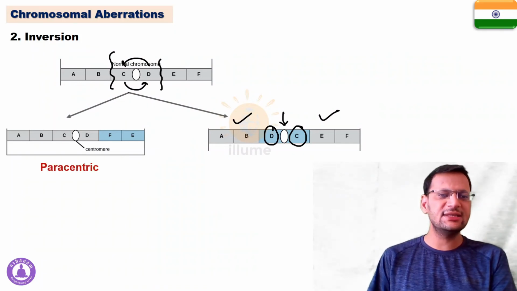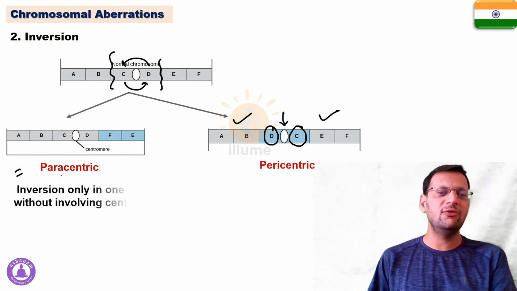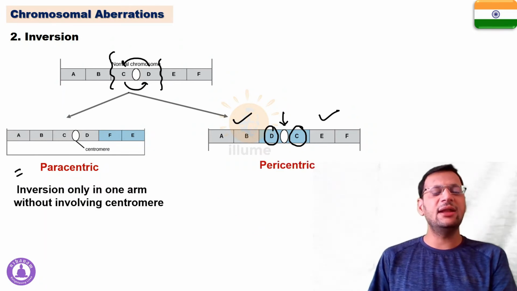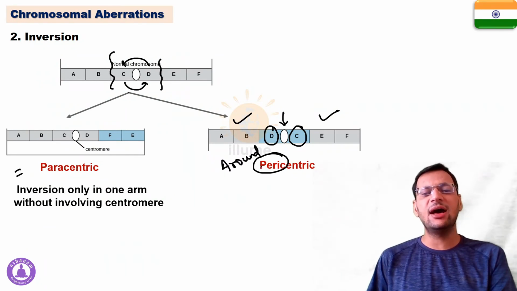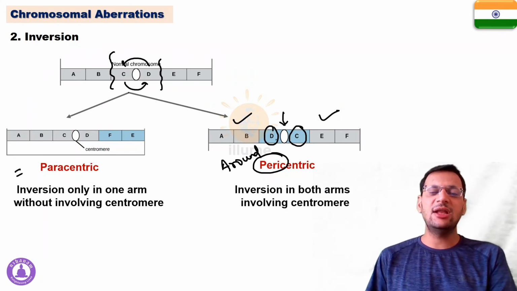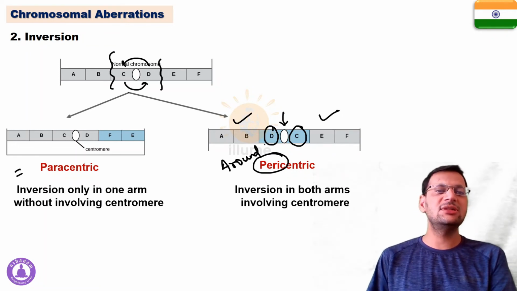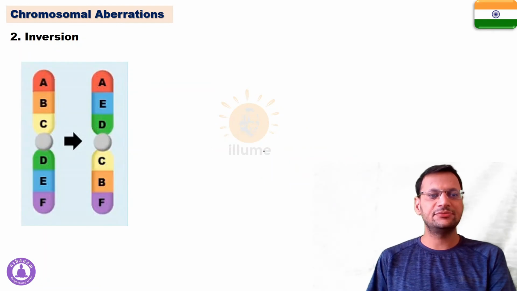So the first case is called the paracentric type of inversion, which does not involve the centromere and only a single arm is involved. But in the case of pericentric, peri means what? Peri means around. That means pericentric means around the centromere. The centromere is also involved, and both arms are involved in this case. So this is the difference between paracentric and pericentric inversion.